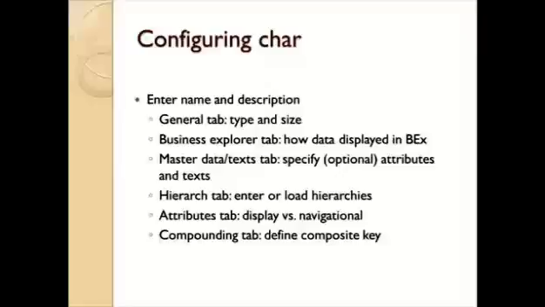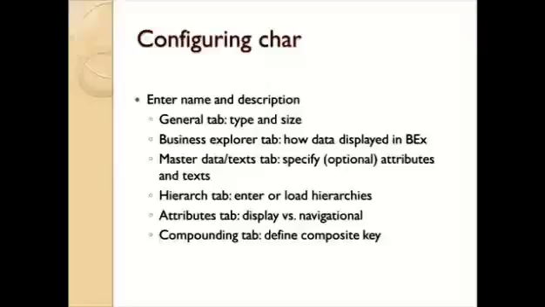We can manually enter the hierarchy there, or we can load the hierarchies from external systems such as SAP ECC. Then on the attributes tab, if you have additional optional attributes you want to define, this is where you define them. And also notice that the attributes may be display attributes or navigational attributes, which we'll explain in more detail on the next slide.